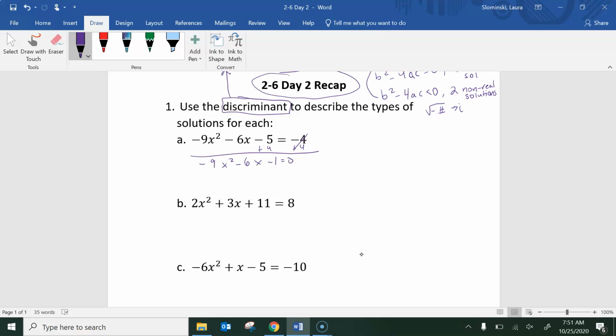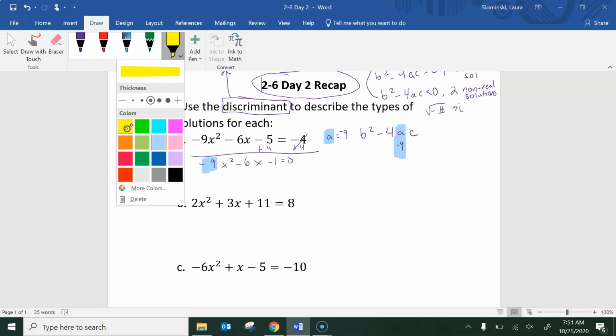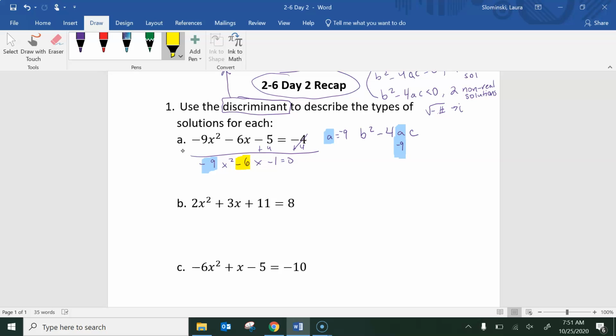And again, as soon as I'm asked just to find the types of solutions, I need to know that that is using the discriminant. So I'm going to do b squared minus 4ac. I go back, and I'll do substitution. My a is going to go in here. Okay, so I identify a as -9, which means I'm plugging -9 in for the a. My b is going to be -6, so that's going to go in here.